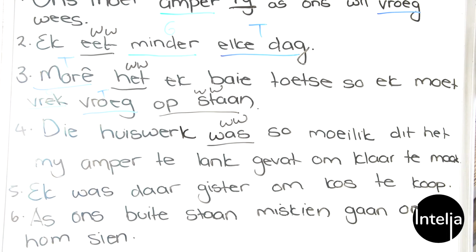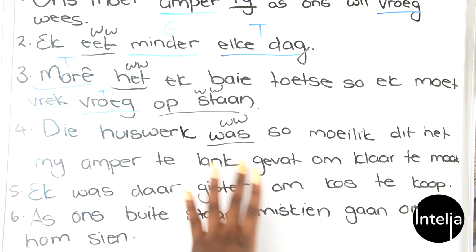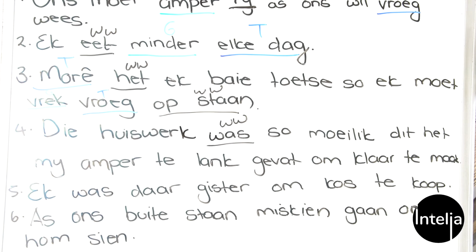Are they talking about today? Are they talking about yesterday? Or are they talking about tomorrow? And what you'll often find is that when we do have these words that are verbs, you'll find an actual verb at the end. So ons het en opstaan. Ons het was en gevat. I took something, right? So you'll never just see het in a sentence without nog 'n werkwoord. There's always another werkwoord.